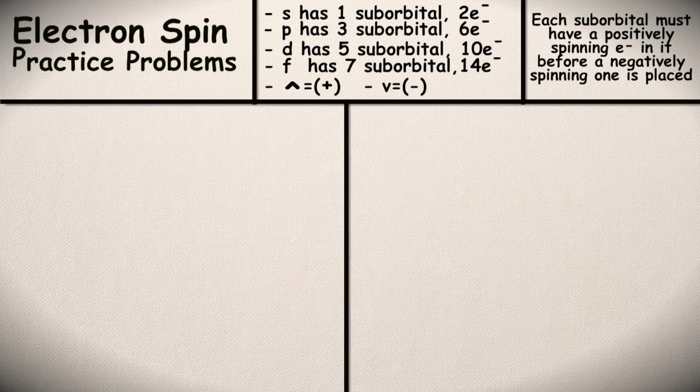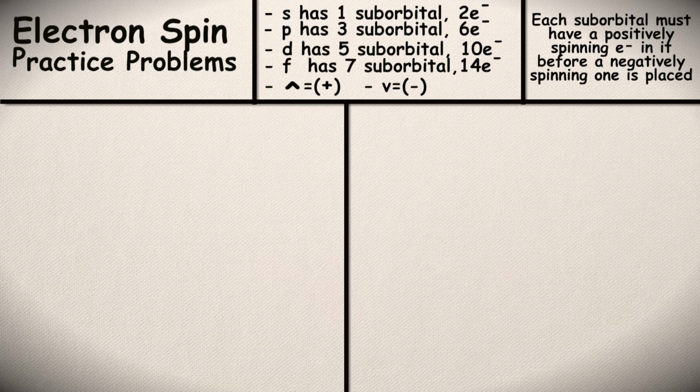So in other words, each suborbital in your orbital must have a positive electron in it before we can even think about adding negative electrons. And then negatively spinning electrons will fill the first open spot available. So after you filled in all your positive electrons, your negatively spinning electrons can be filled in their first open spot available.